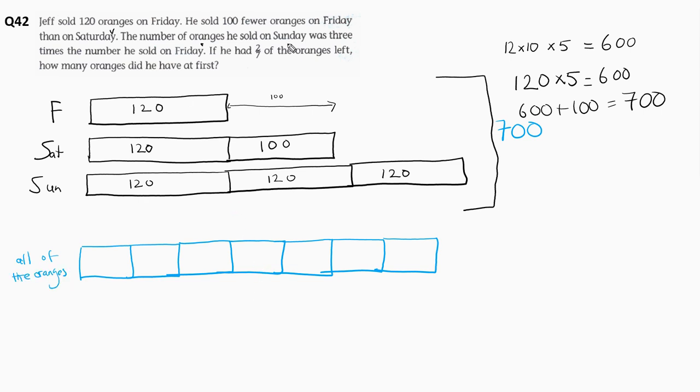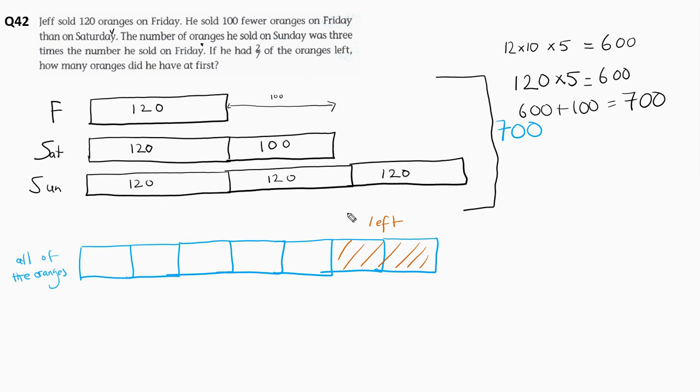And it says that after selling all of these oranges, he had 2/7 left. This is what was left. How does that help us?